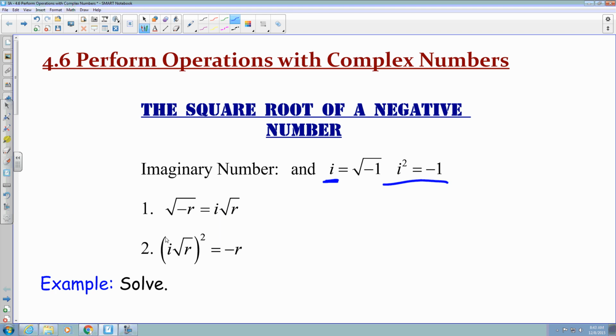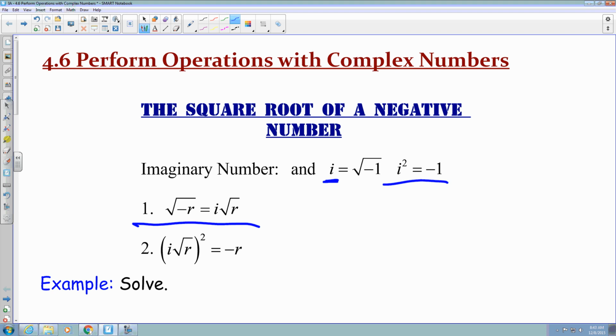Some of the examples that I have here, if you look on this first one, it says the square root of -r. Basically, if you were to reduce that, you're going to have the negative, which means that's i, so you get rid of it and put it on the outside of the square root, and you have i times the square root of r.